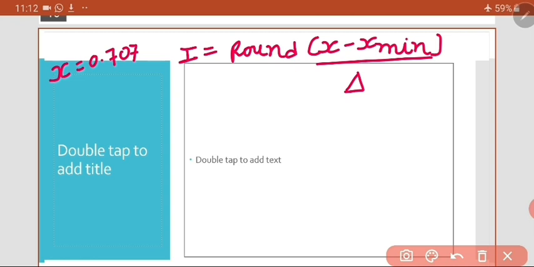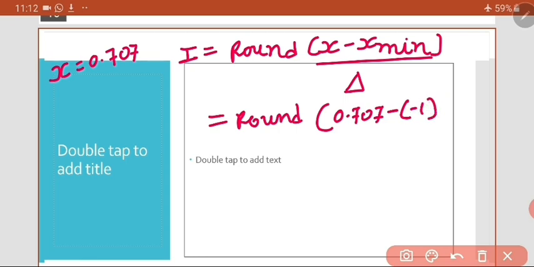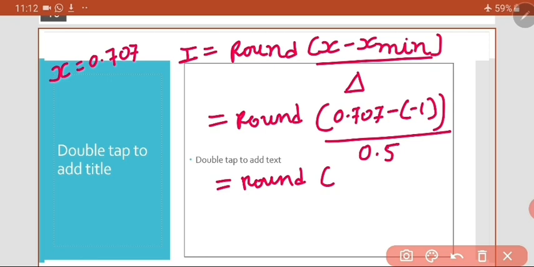We have all the values of those terms, so we put them in place. x is 0.707, x min is -1, and delta, the step size, we already found out to be 0.5. So over here we get the answer 3.414.